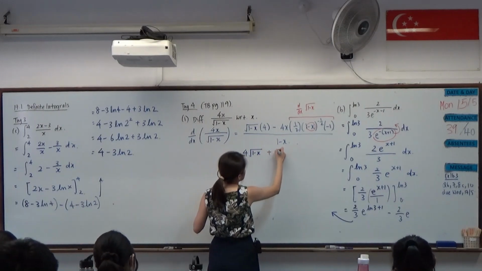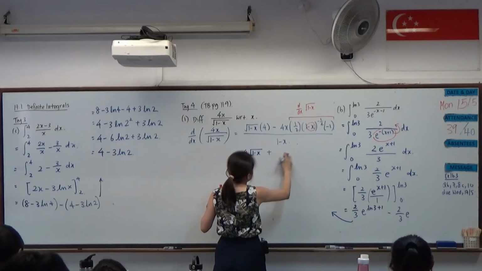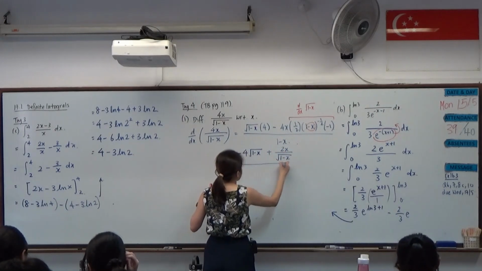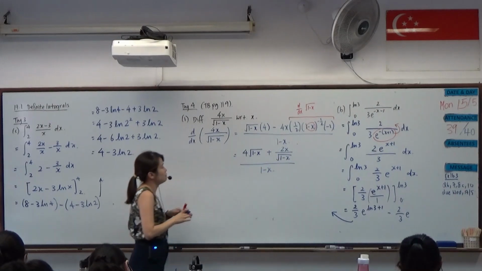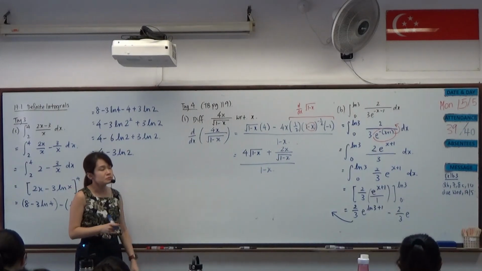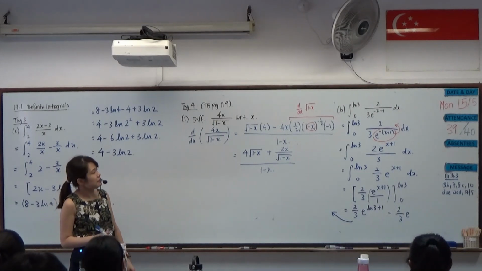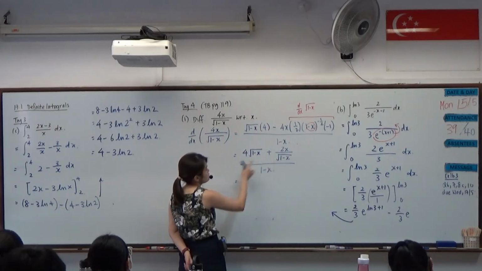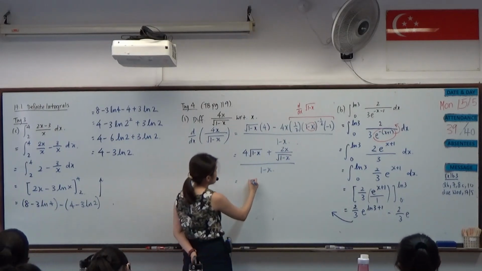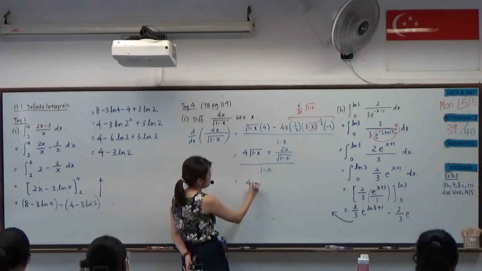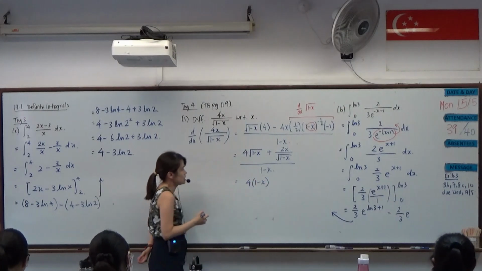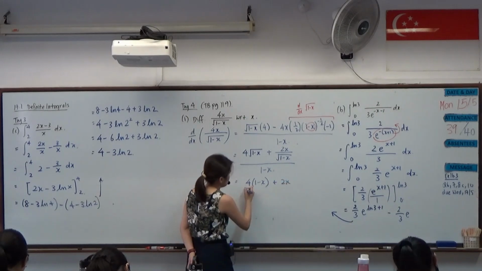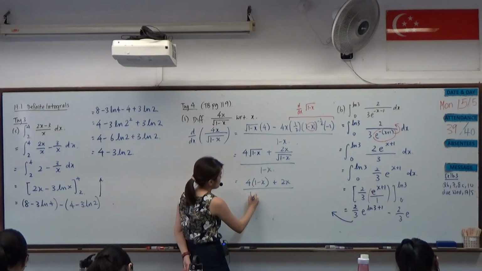we will get plus 2x over square root 1 minus x, over 1 minus x. We simplify it into a single fraction, so we need our denominators to be the same at the numerator portion, so we will have to multiply by square root 1 minus x, which leaves us with a full 1 minus x plus 2x, and then our square root 1 minus x can be brought down.